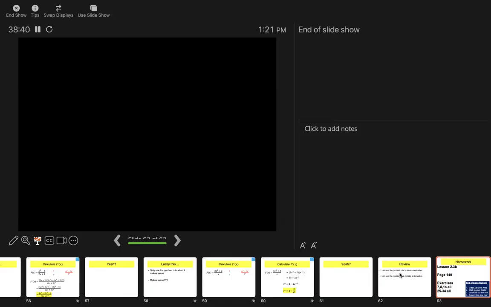Make the cube root of x into x to the 1/3. So if this right here is x to the 1/3, and I got another one sitting right here, what do I get?